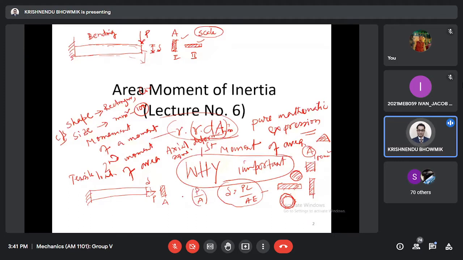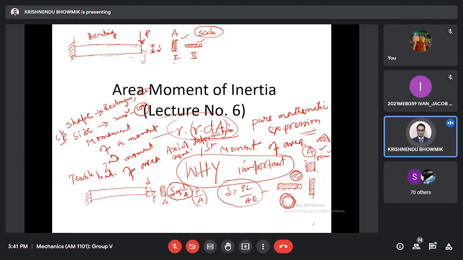See here what we understood: delta is inversely proportional to A for axial load. But for bending load, A is the same. So in all these cases A is the same, but deflections are different.